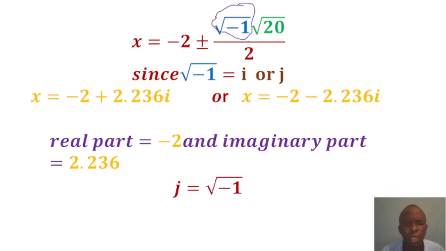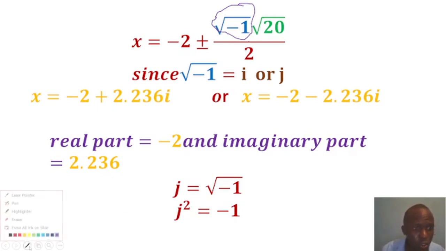Now that we have said that the square root of -1 is equal to either I or J, and I have said in this case we are going to use J. So J is equal to the square root of -1. But also, J squared is equal to -1. Why are we saying so?